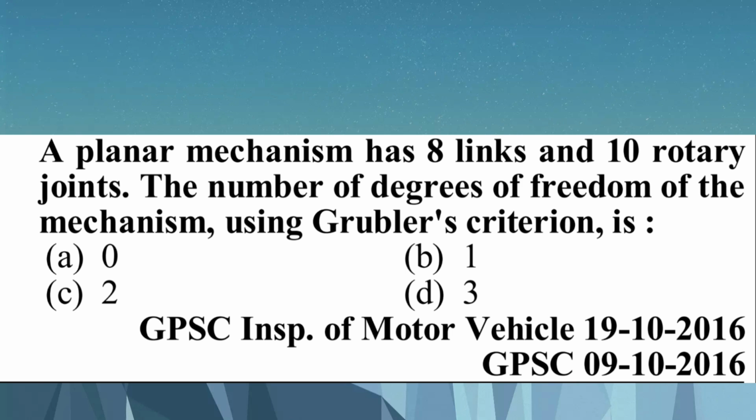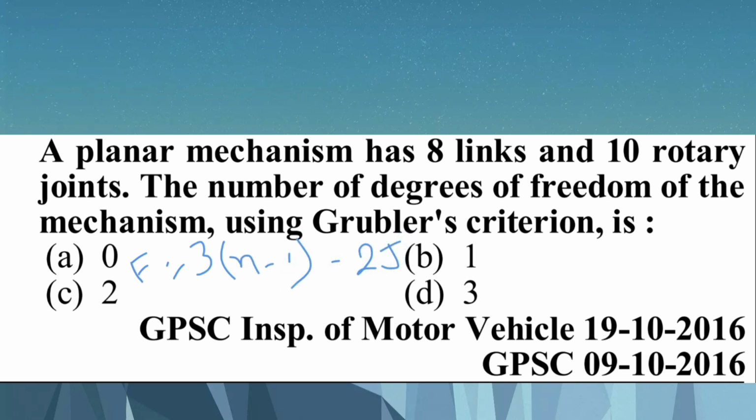Question number 48. A planar mechanism has 8 links and 10 rotary joints. The number of degrees of freedom of the mechanism using Grubler's criterion is A. 0, B. 1, C. 2, D. 3. We know that degree of freedom F equal to 3 into n minus 1 minus 2j.